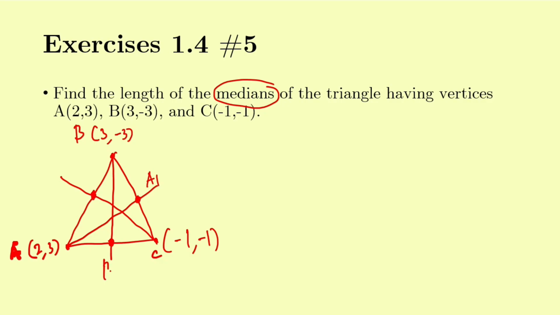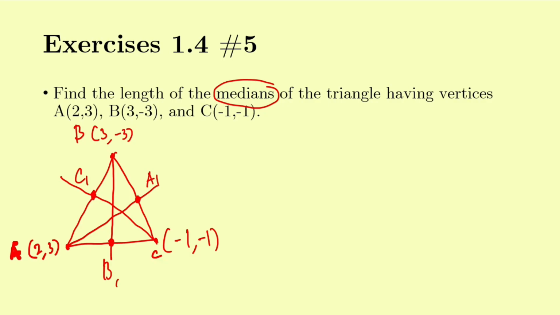This is B sub 1 as well. Let's follow the same notation. And this one is C sub 1. So in order to obtain each of these, we need to use the midpoint formula kasi nga na-bisect yung mga respective opposite sides.